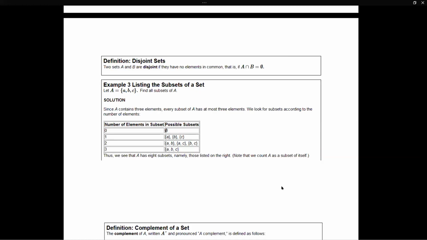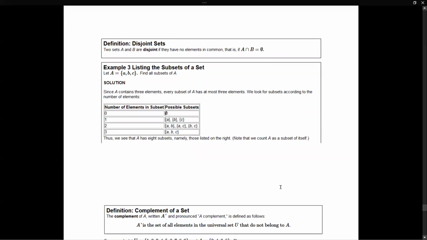Those are disjoint sets. So if you want to list the subsets, for example, you have elements A, B, and C. What are all these subsets? Well, the first one is the empty set. Then there is a subset that has element A, a subset with element B, a subset with element C, or a combination of 2 of them, or 3 of them.